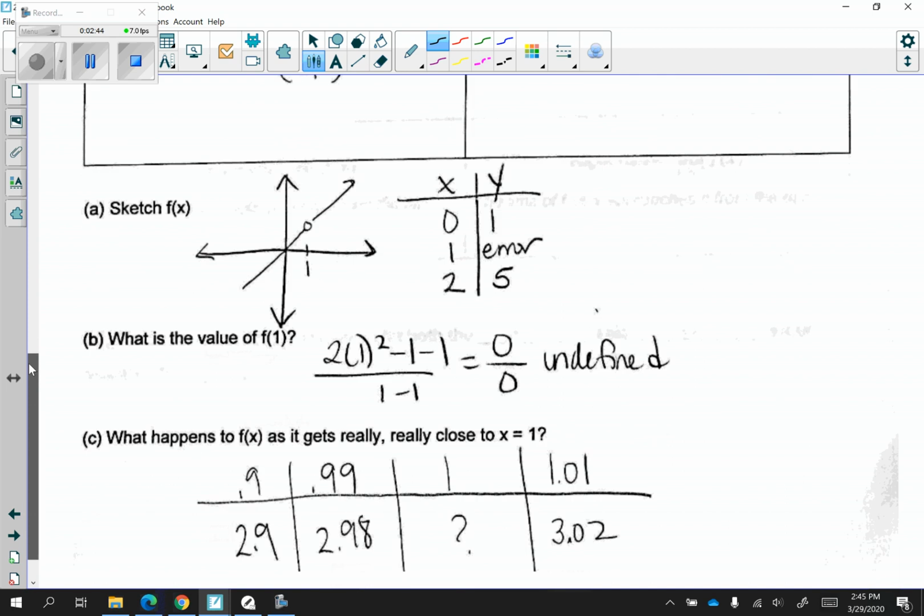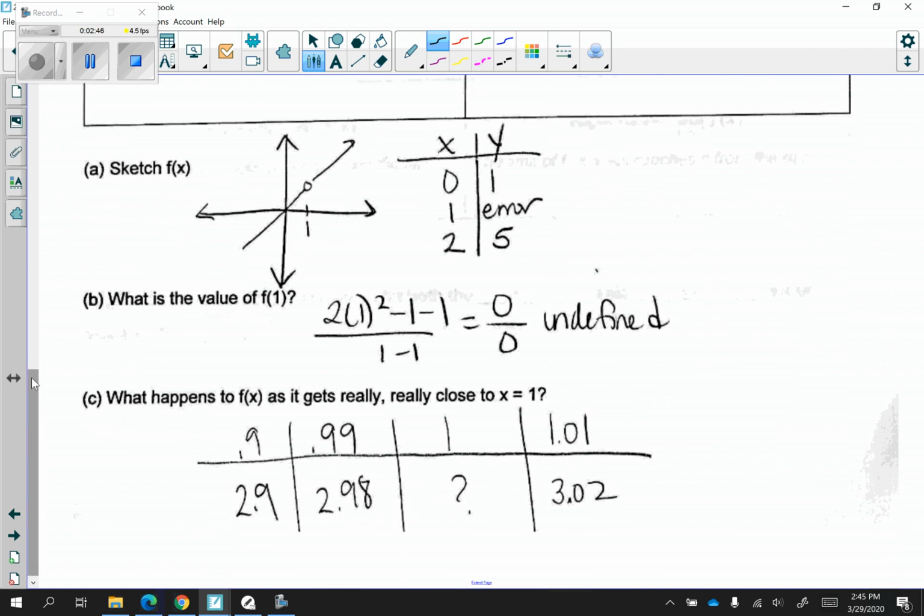I'm going to draw out a table and figure out from the left side what number it is approaching, and from the right side what number it is approaching. And it looks like it's approaching 3. So that would be my limit as x approaches 1 of the function 2x squared minus x minus 1 over x minus 1.